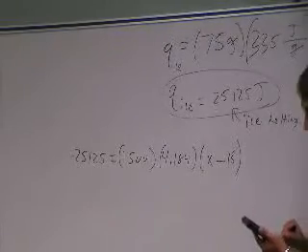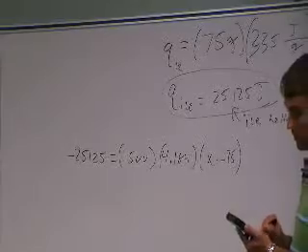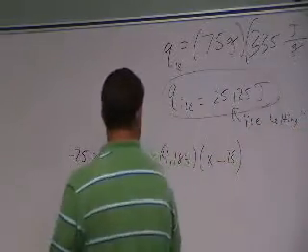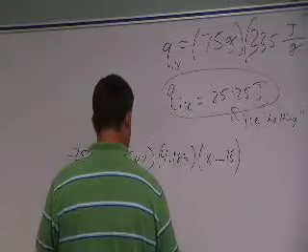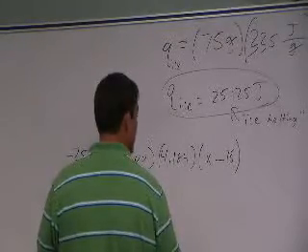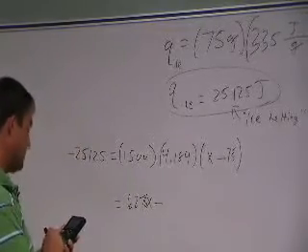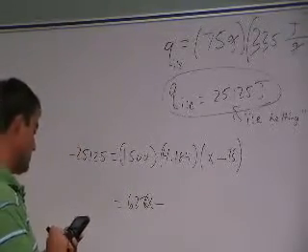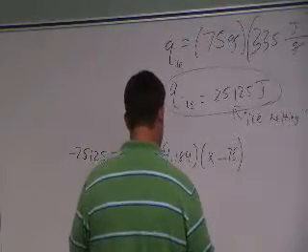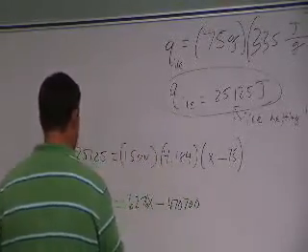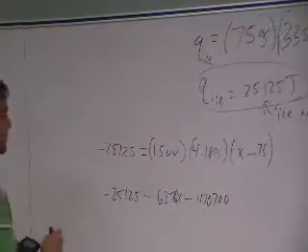Okay, so let's see here. 1,500 times 4.184. All right, so that's going to be 6276x minus a negative 470700. Well, that number's coming up again. Okay. So let's see here.